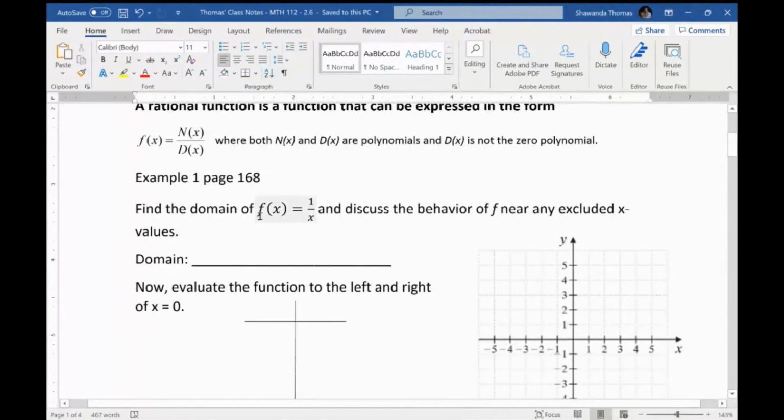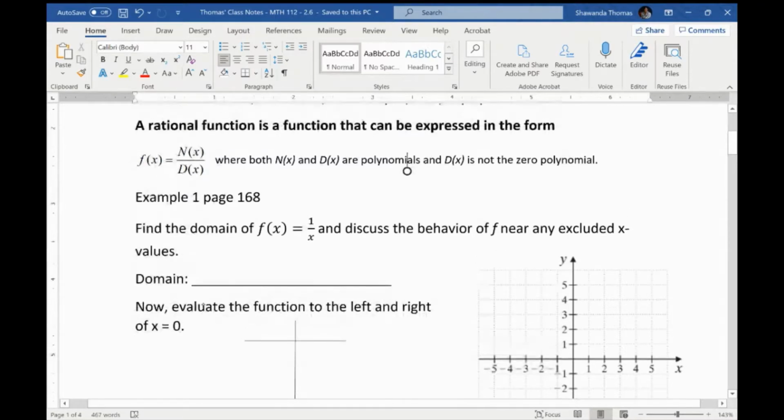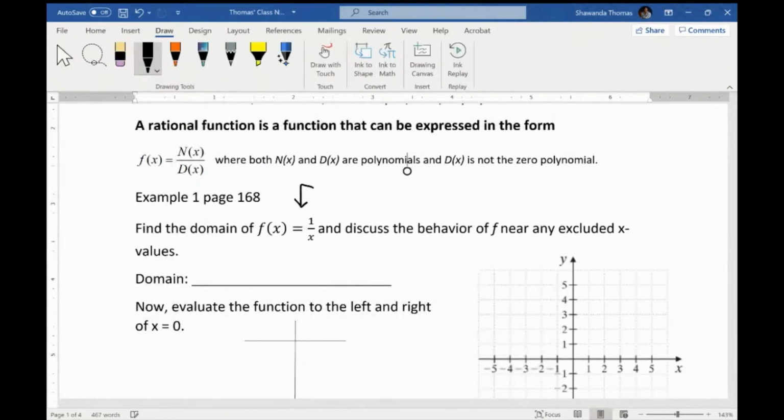Find the domain of f of x equals 1 over x and discuss the behavior of f near any excluded x values. You are a little familiar with this function from your parent functions.